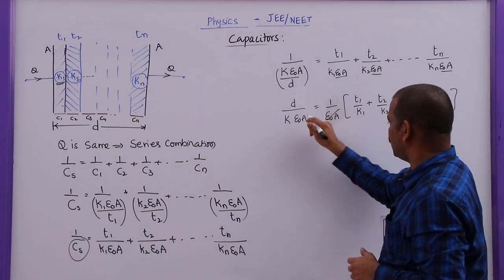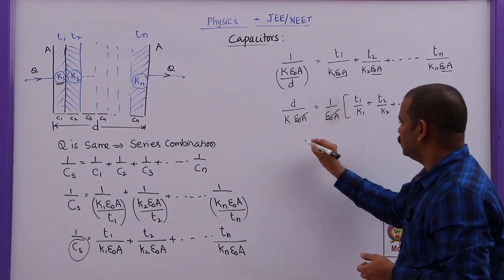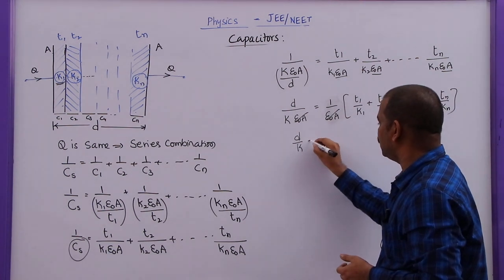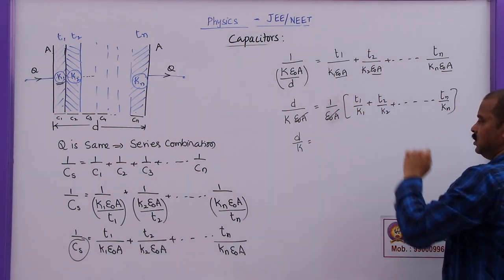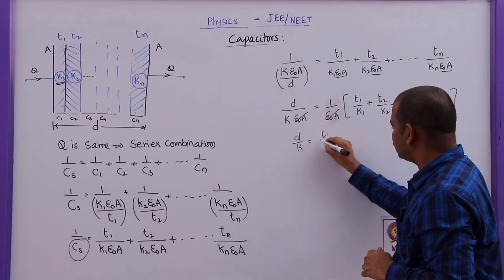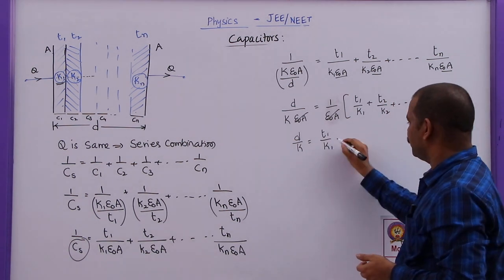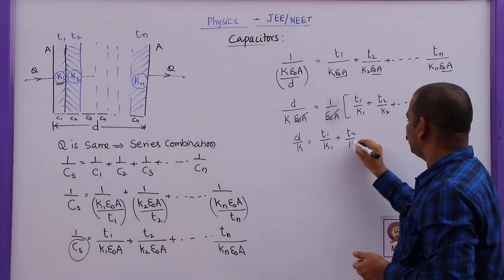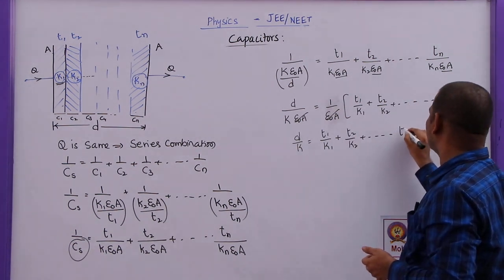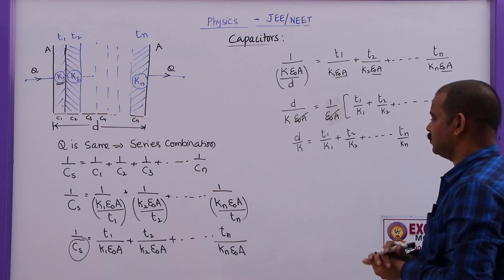You can cancel epsilon naught A here. So this will become d by K is equal to these terms: the thickness of the first slab by the dielectric constant of the first slab, plus T2 by K2 and so on, Tn by Kn.